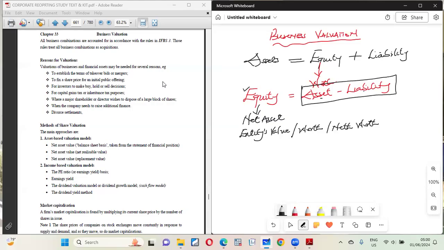The person selling the asset actually knows that from his side it has a selling value of 5,000 Ghana cedis. But when you say you are buying something, what the person will do is quote something like 7,000 to you. That is what you will do.